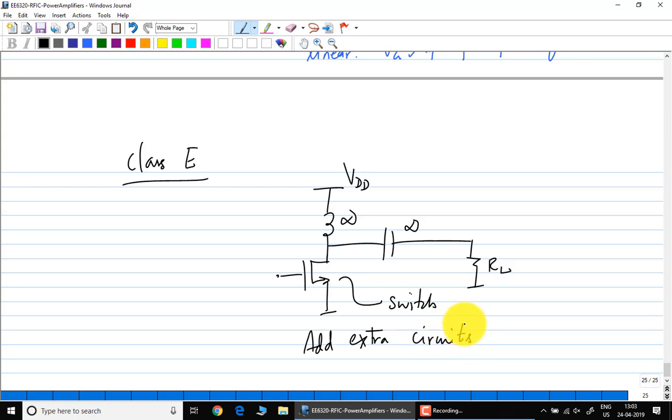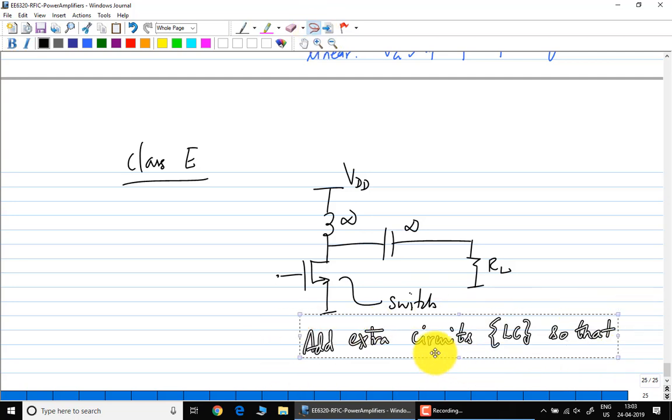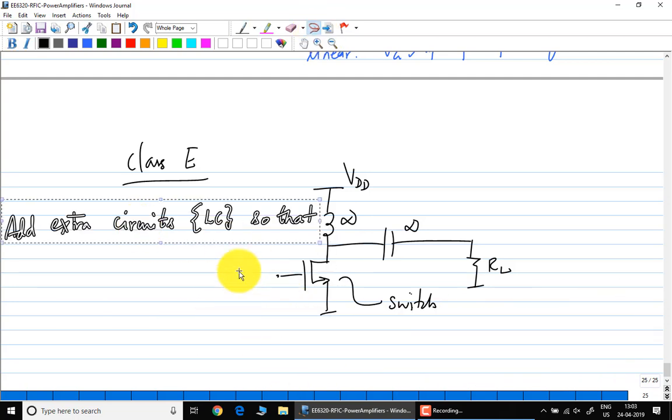Passive circuits, not active circuits. The minute you add an active circuit, you have compromised the thing. Passive circuits, I'll say LC. So move this here so that I have more space.